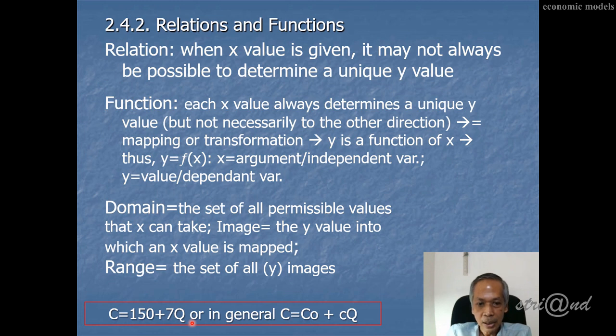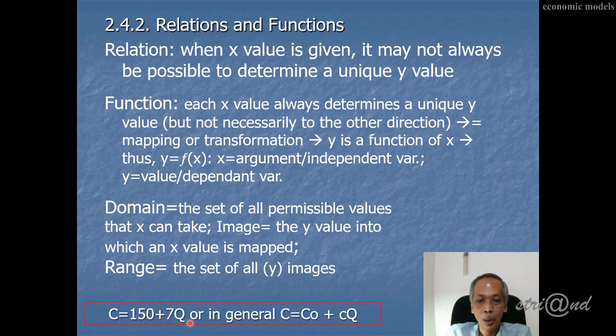However, because our example here is very simple, a linear equation, it also works in the other direction. I mean, not just Q has a unique value of C, but C has a unique value of Q because it is a linear equation.